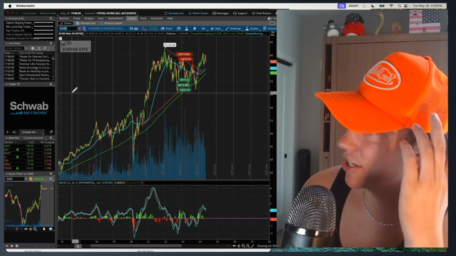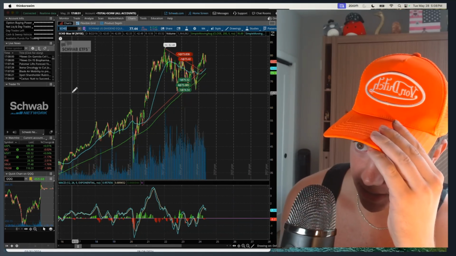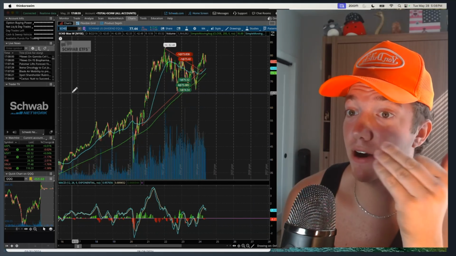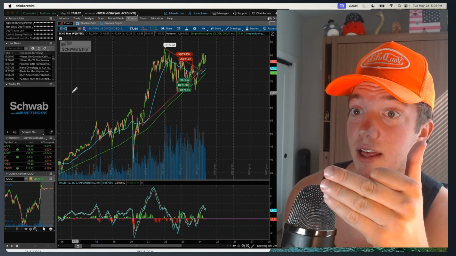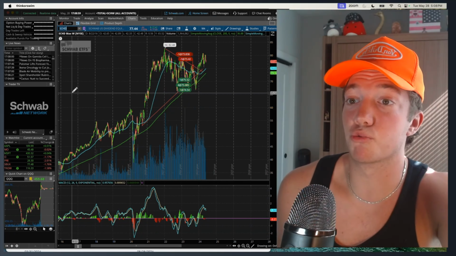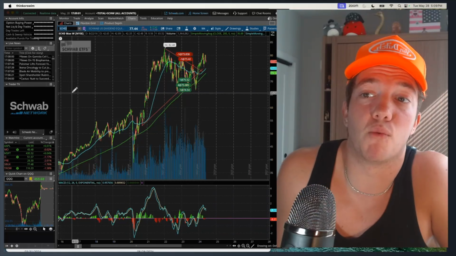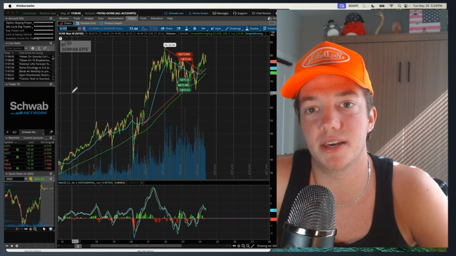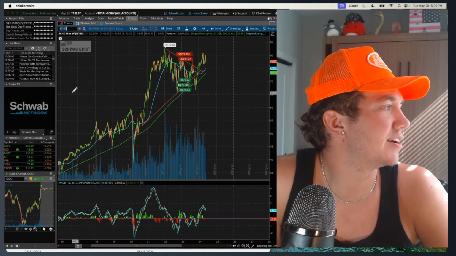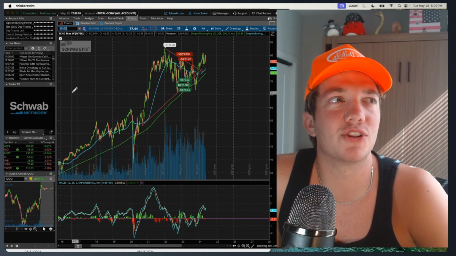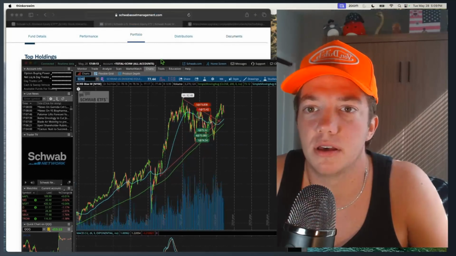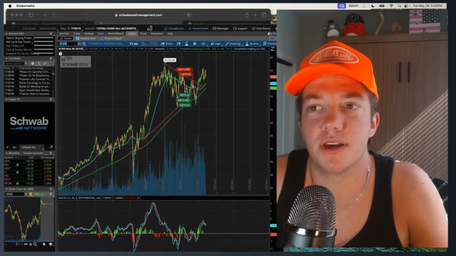I can't get the exposure I want to these undervalued stocks. And if I do get in a play, then eventually it's going to be rotated out of the portfolio when it returns to its fair value. And that doesn't sit right with me, not to mention, I know we said it was a low expense ratio for this one.